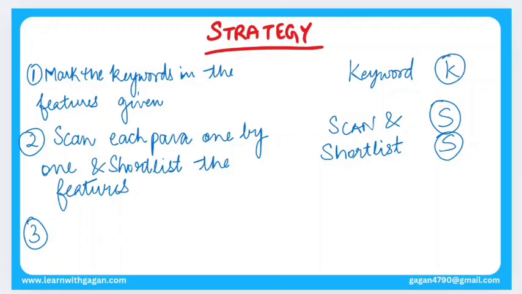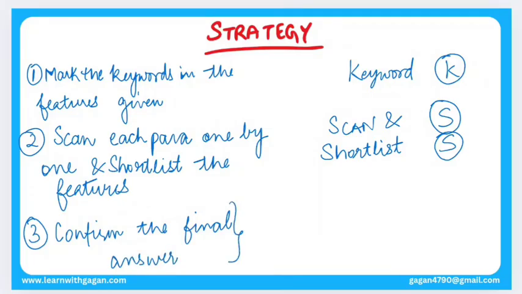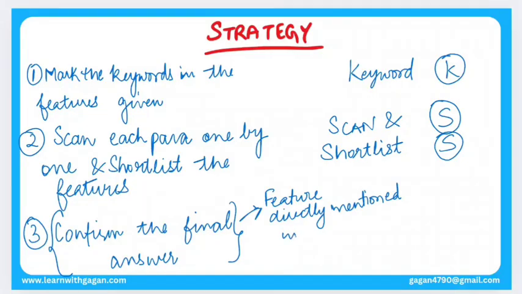Number 3, once we have shortlisted the features with the paragraph, we will confirm the final answer. And how do we confirm the final answer? Either the feature is mentioned directly, which happens rarely, or the feature is paraphrased, which happens in 90% of the cases.